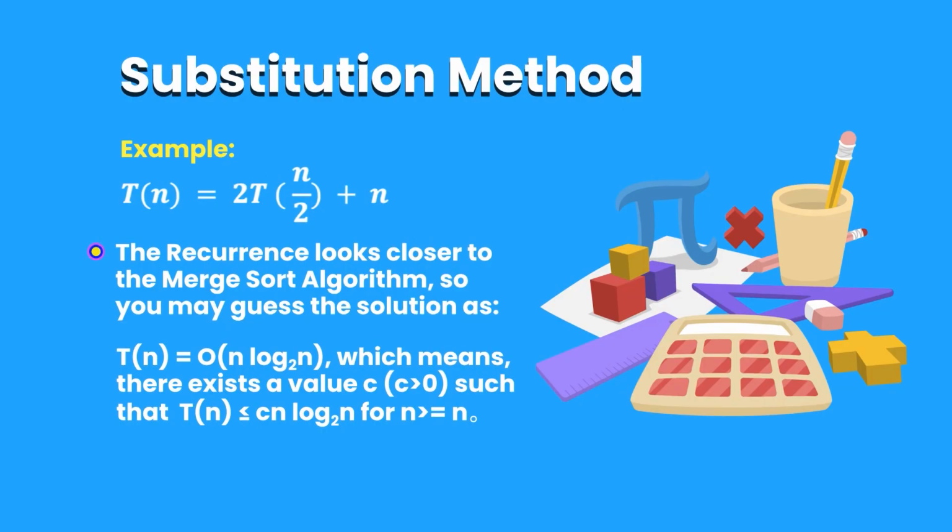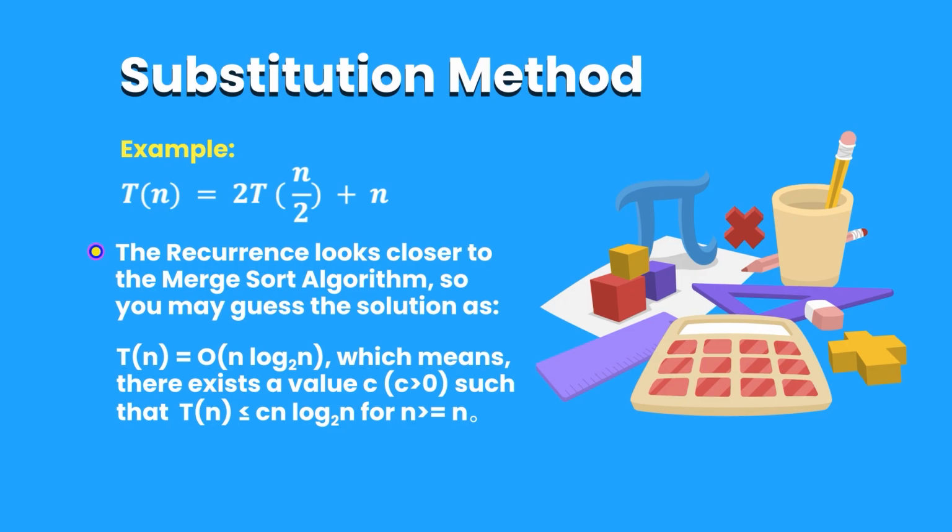Now, this is a very important statement, and please mark it very meticulously. When we say a recurrence relation has an order n log n, what does it mean? It means that there exists a value c, and c necessarily has to be greater than 0.